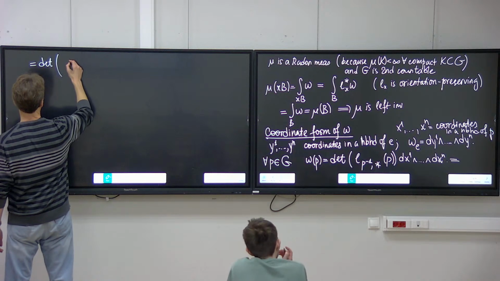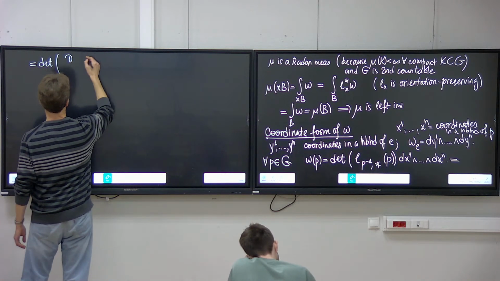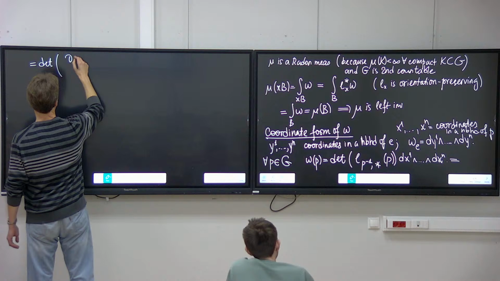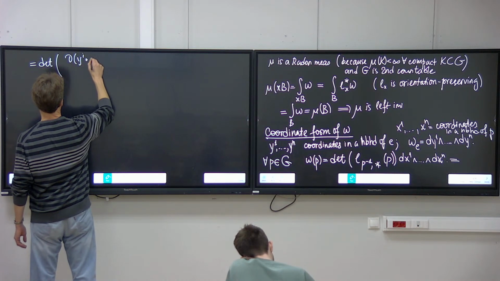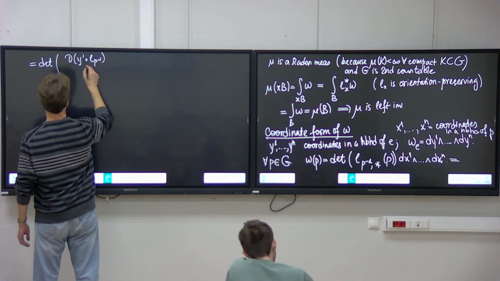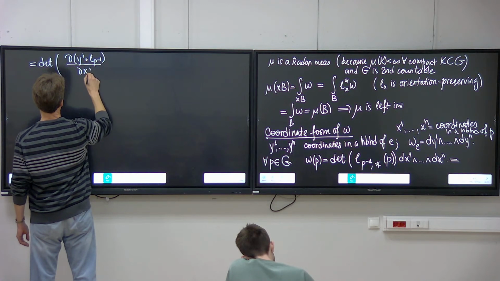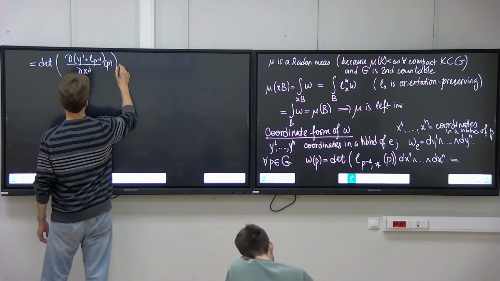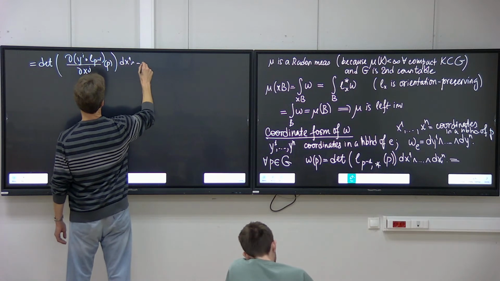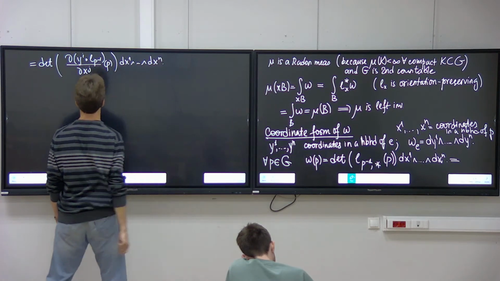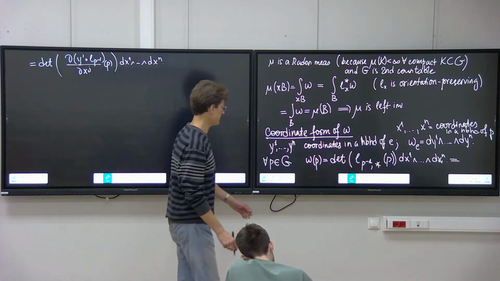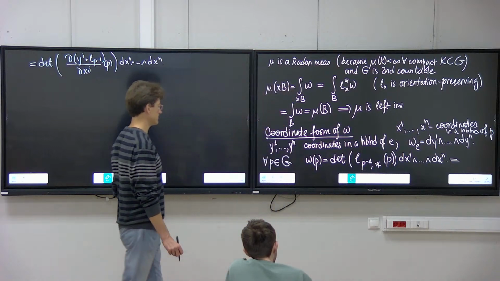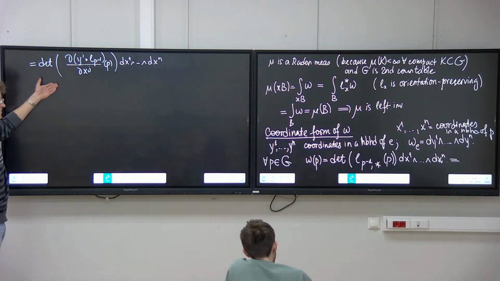The matrix consists of partial derivatives, dy composed with LP inverse, dxj evaluated at P, dx1 up to dxn. So this is the explicit formula for omega. Basically the formula involves multiplication by the inverse element, P inverse.